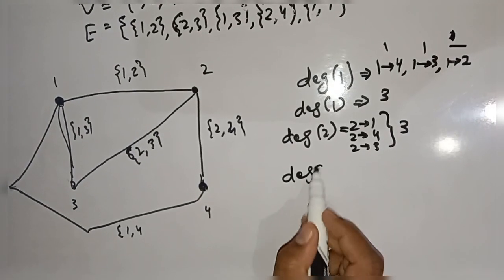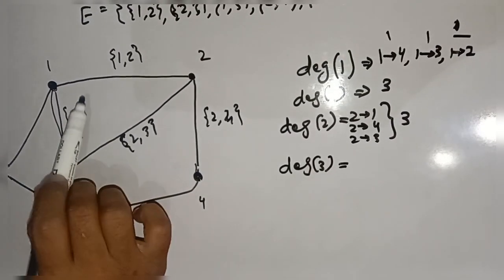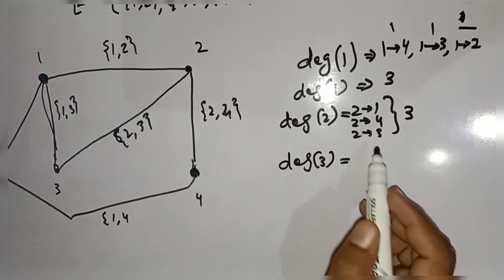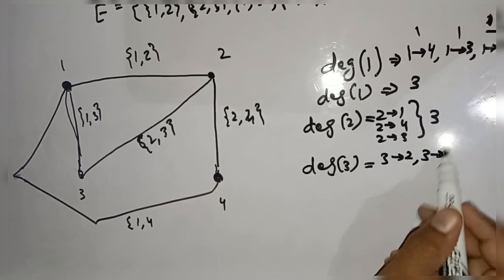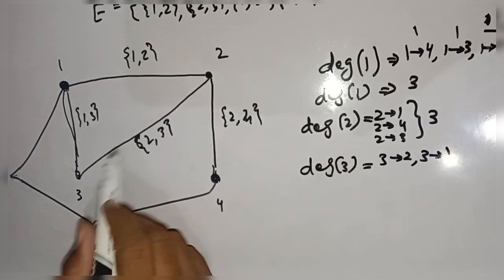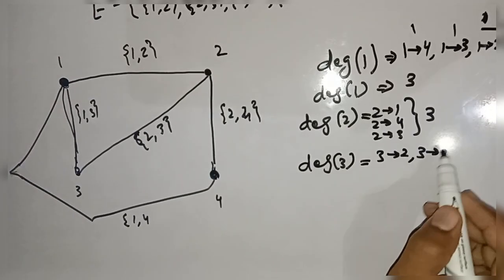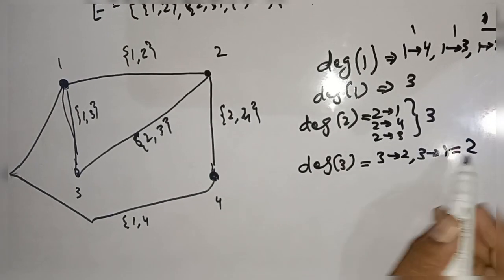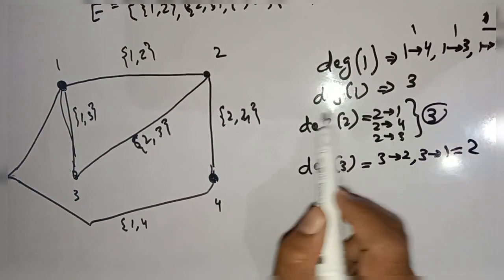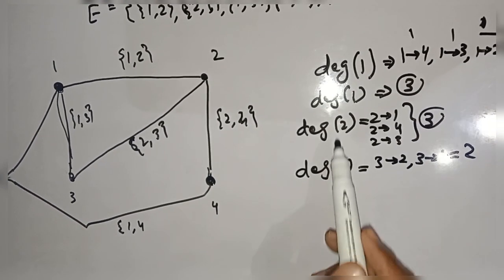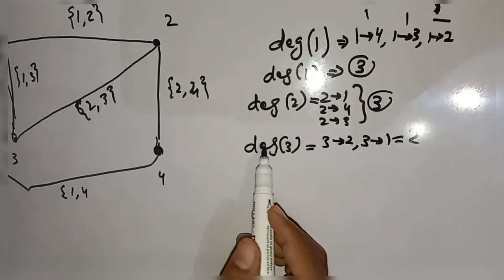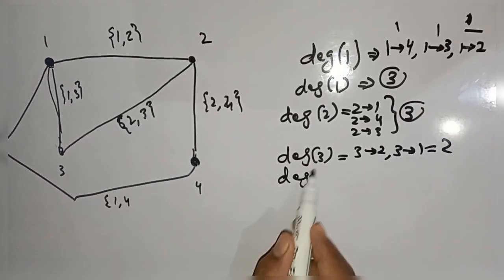The degree of 3: 3 is connected with 2 and 3 to 1, so only 2 degrees. So the degree of 3 is 2, the degree of 2 is 3, and the degree of 1 is 3. Now we find the degree of 4.